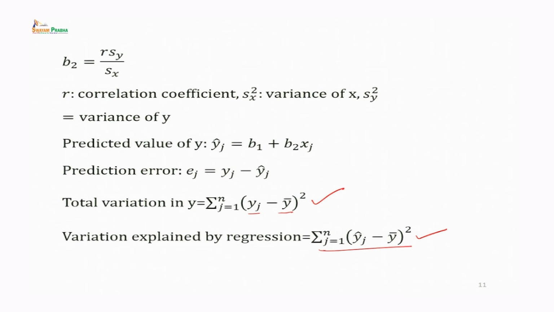And when you say that your regression line is good, it is when most of the variation in yj is explained by the regression. It means if you take the ratio of these two, this quantity divided by this quantity, then this ratio should be large. Well, at the most this ratio can be 1.